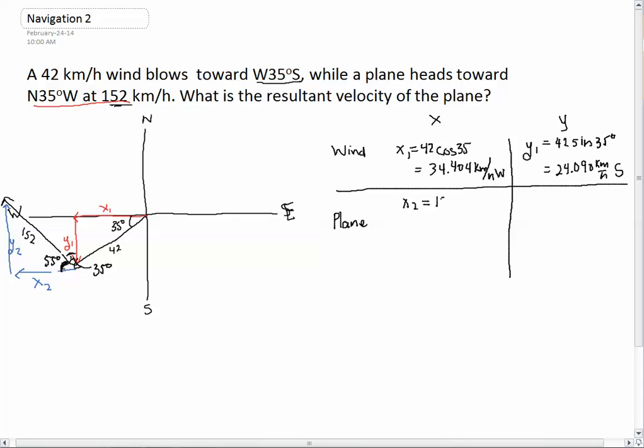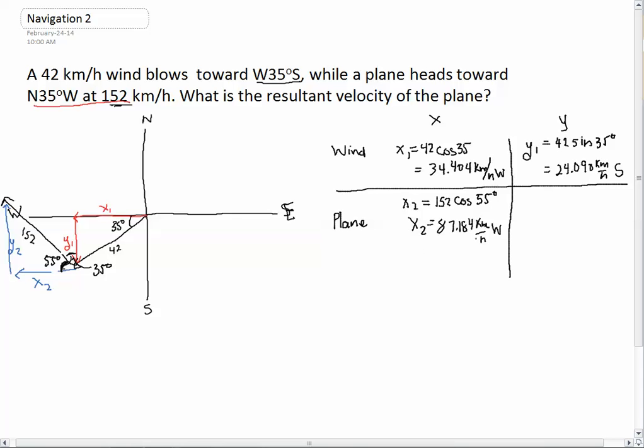We take the magnitude of 152 times the cosine of 55 degrees, and we calculate x2 to be 87.184 kilometers per hour, and it's west again.